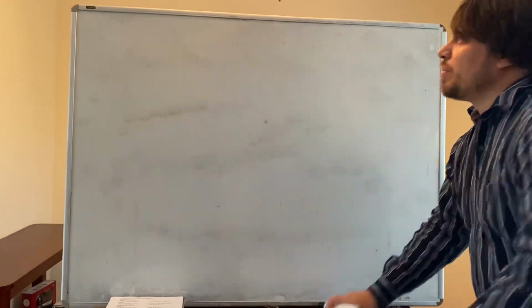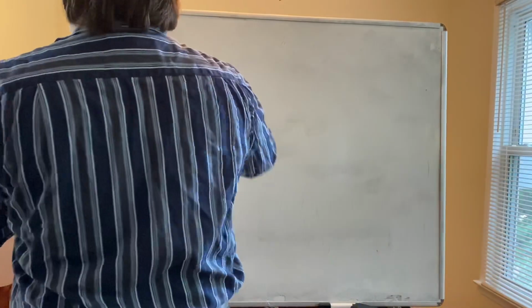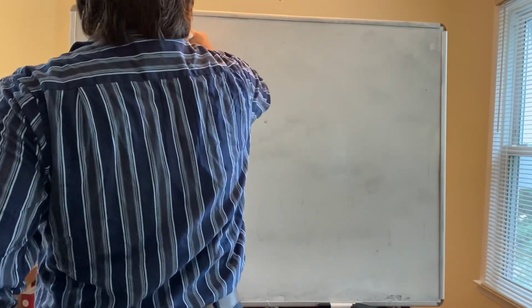Okay, so that's the end of chapter 5, and let's go to chapter 6. Chapter 6, the title of chapter 6 is Mathematical Expectation.